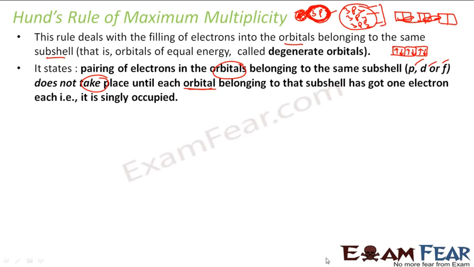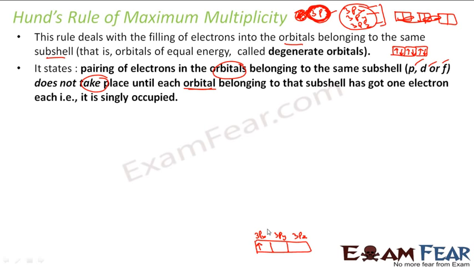Hope you understand. For example, this is my 3p subshell. This is my 3px, this is 3py and 3pz. The first electron comes, it will come here in this box. The second electron comes; should it come in the same px orbital or in py? We don't know.